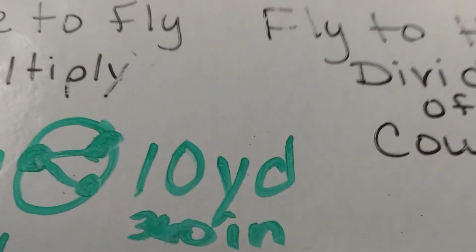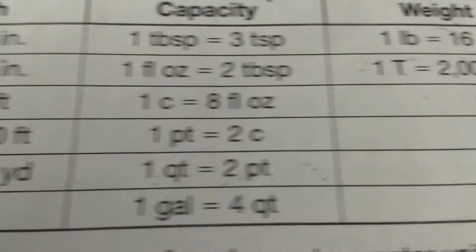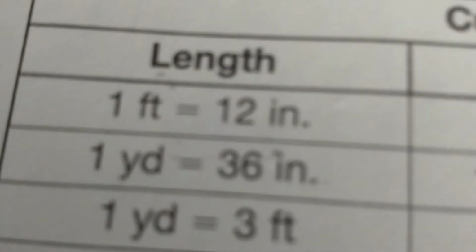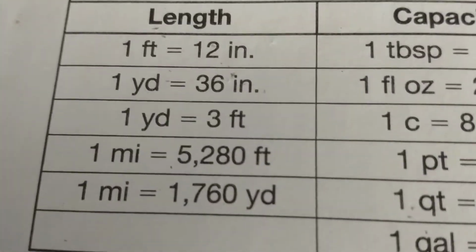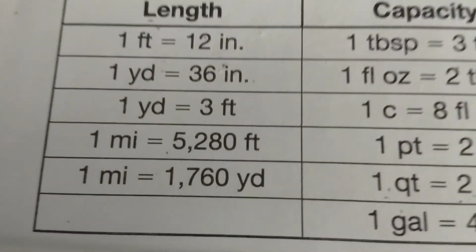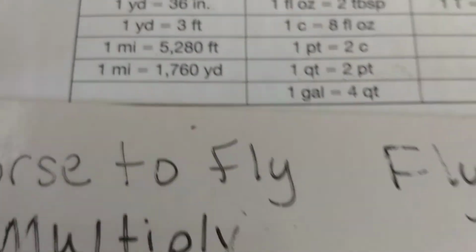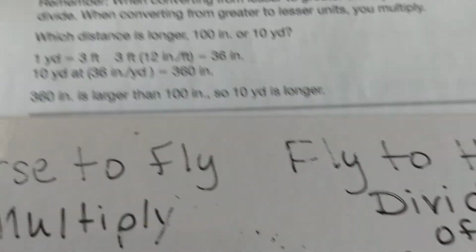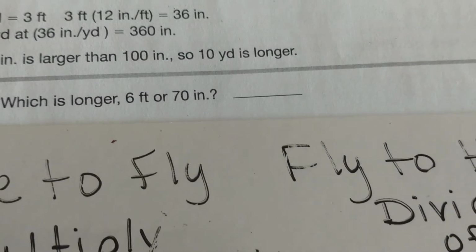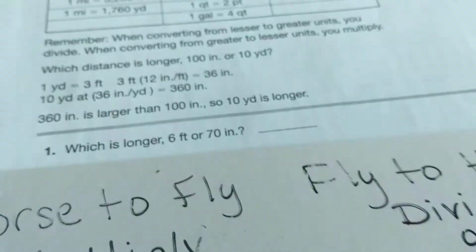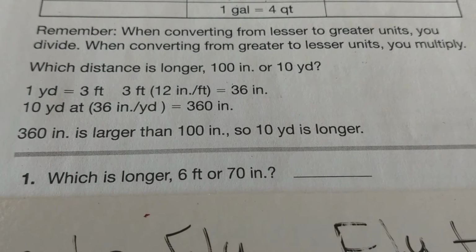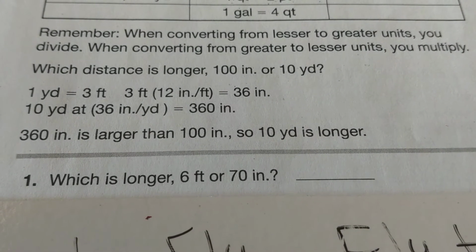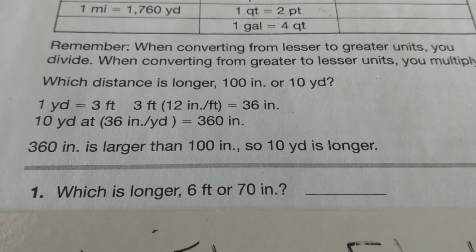Let me erase. You can look at the chart for one moment. All right, now let's continue. Let's look at our sheet at the bottom. It says here, which is longer, 6 feet or 70 inches? 6 feet or 70 inches.